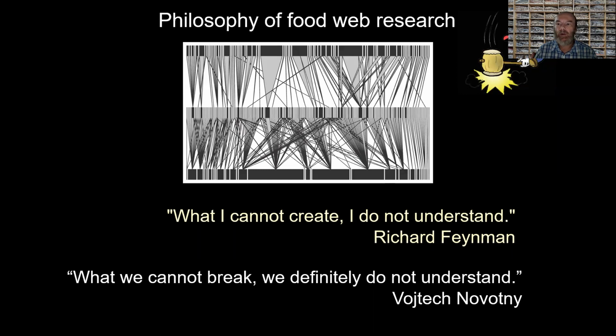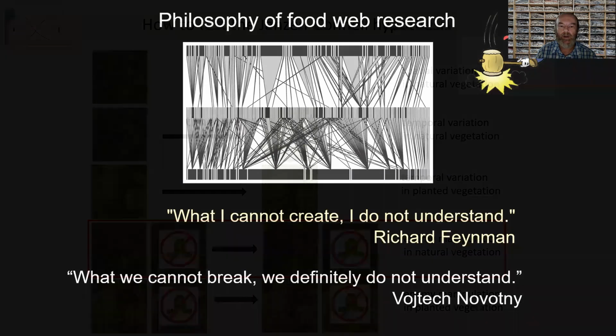However, when we really want to see what's happening, then the philosophy of the food web research is to somehow disturb the complex food web, kick it around and see what happens, because otherwise, with such complex systems, circumstantial observational evidence will never be conclusive enough.